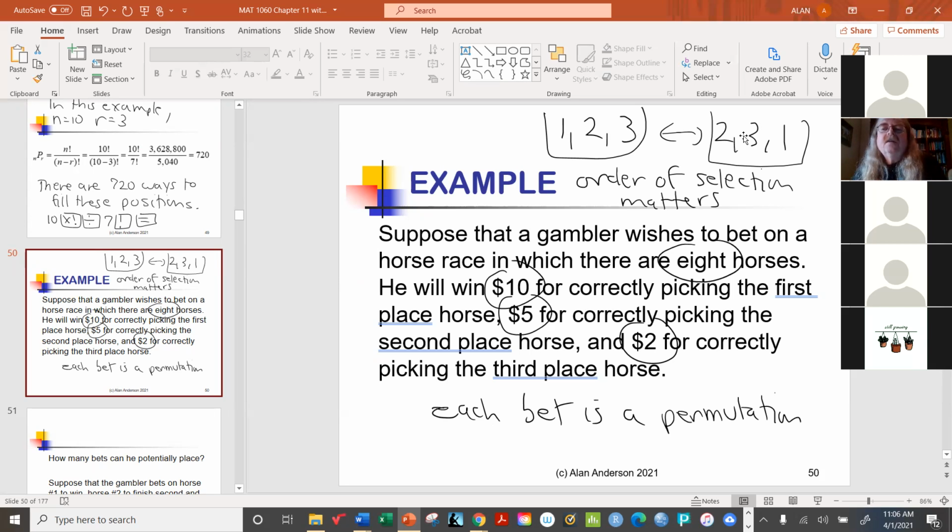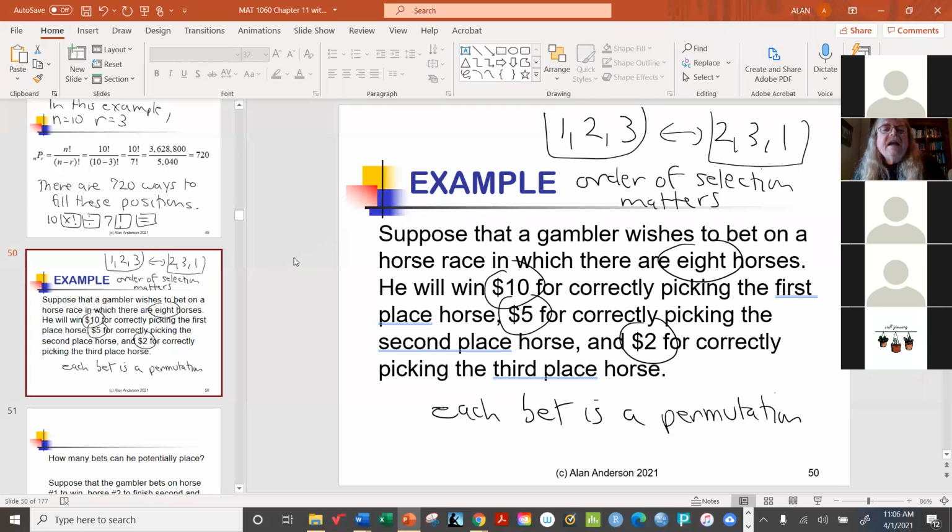If instead horse number 2 comes in first, horse number 3 comes in second, and horse number 1 comes in third, I don't win if I have this first ticket. The order determines whether I win or not. So the number of different ways in which the horses can finish in first, second, and third place is a permutation because the order matters.